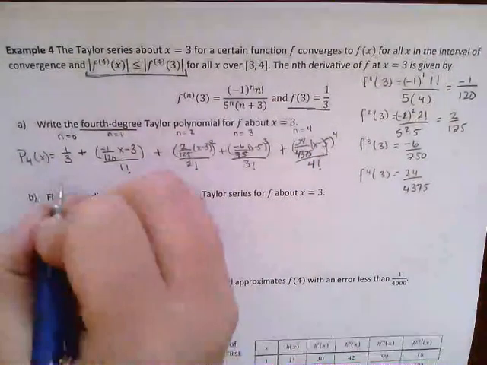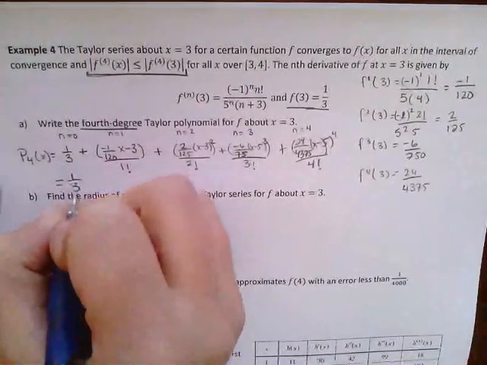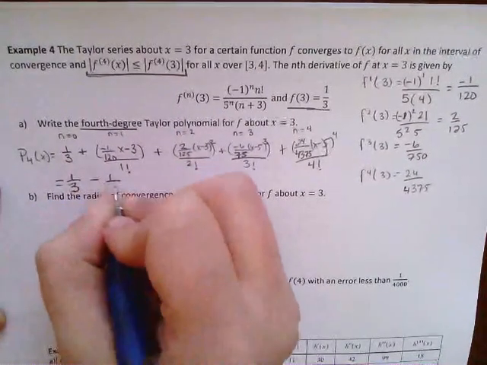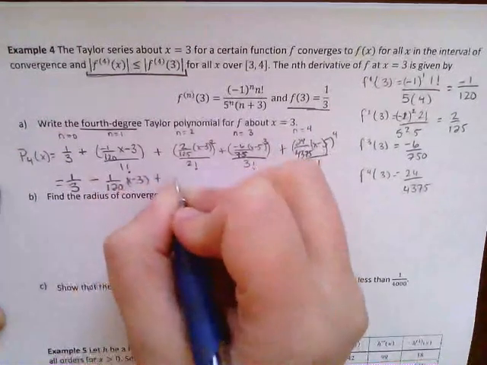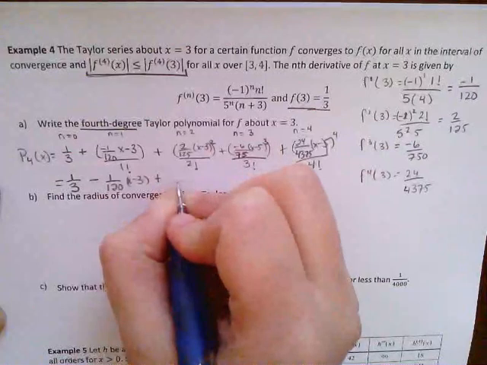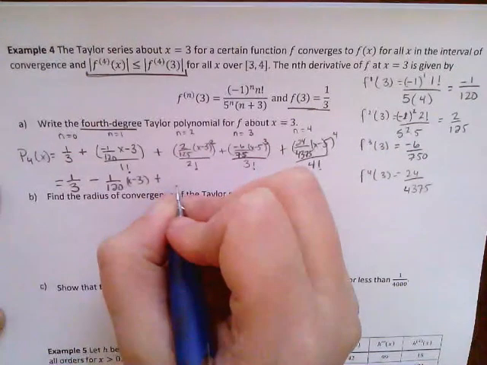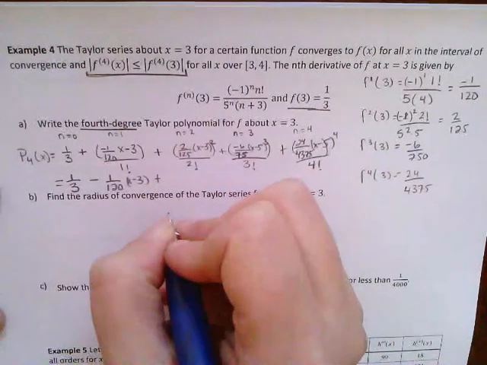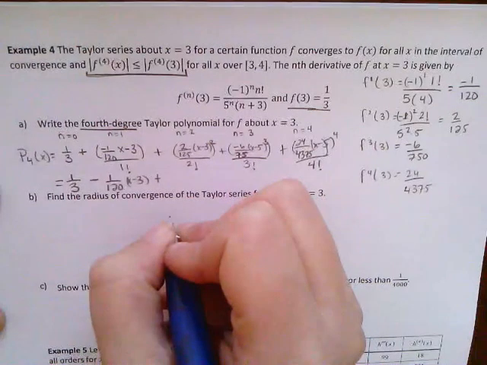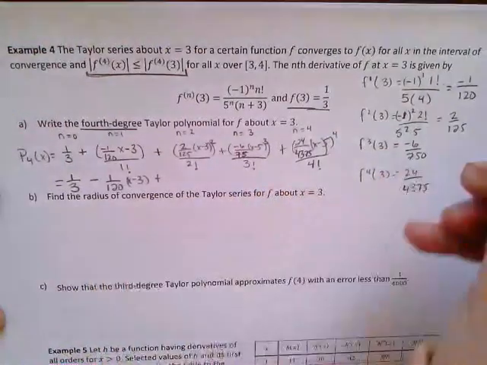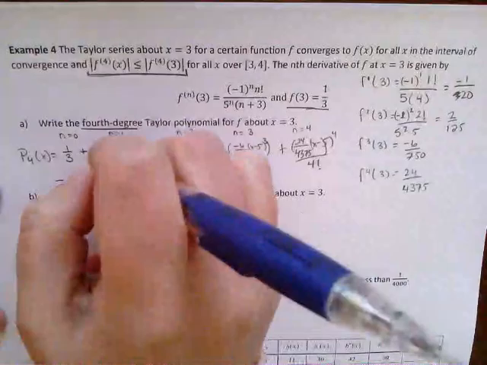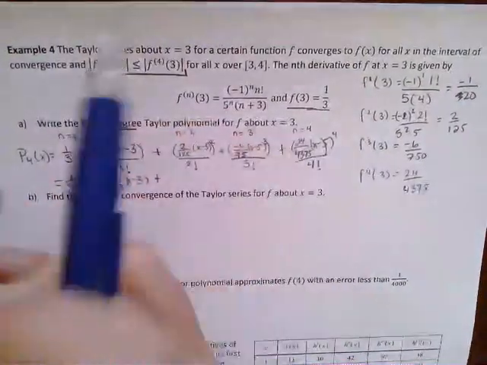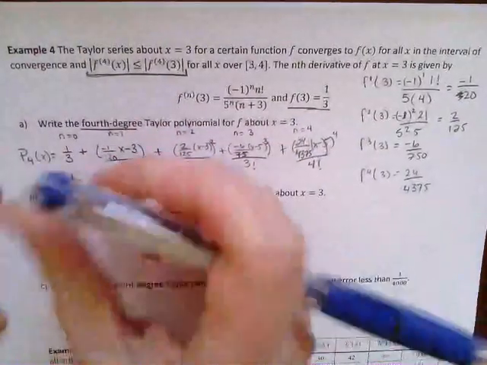So when you clean this up, just to make it look a little bit prettier, you get 1/3 minus 1 over 120, x minus 3, plus 2. Why'd I put 120? Oh, I don't know why I did that. 5 times 4 is 20, guys. Sorry. 5 times 4 is 20. So that's going to be 20.